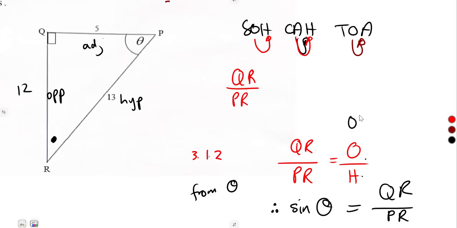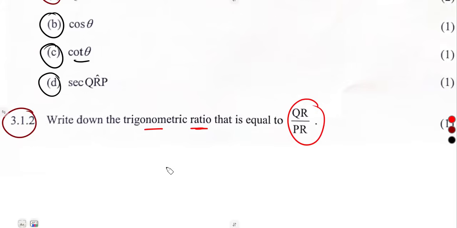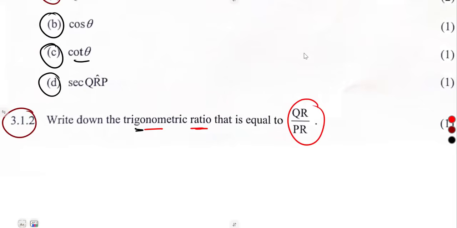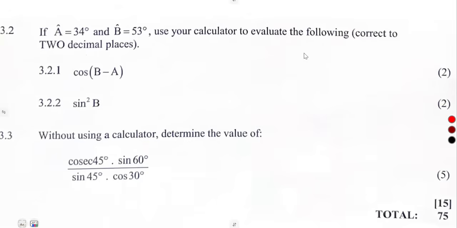That's another answer that you could have shown, because they just want a trigonometric ratio. So our trigonometric ratio is what? Sine of theta is equal to that. Or you use the first one. So that was it on this one. It was a matter of playing around with the question that you're given.